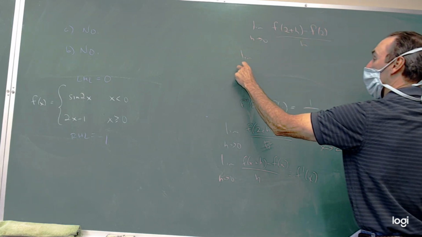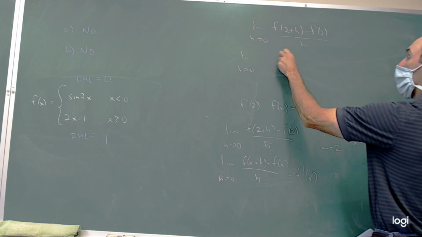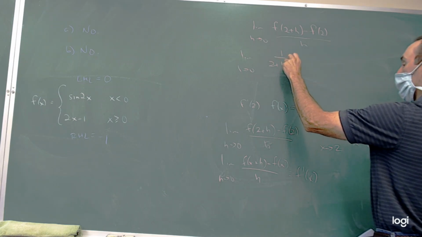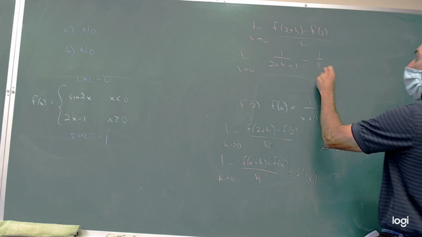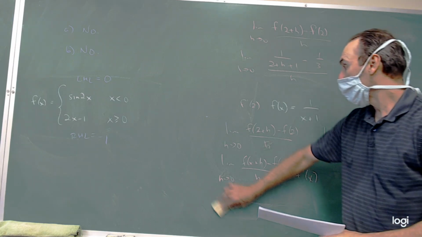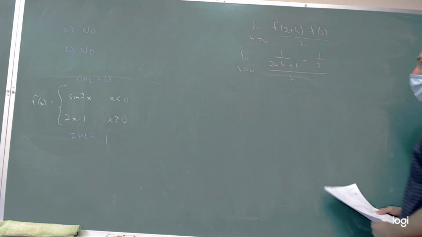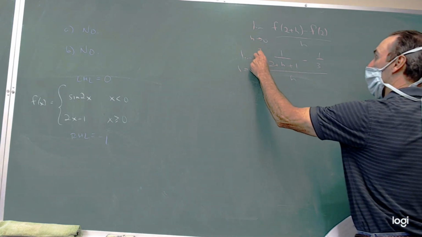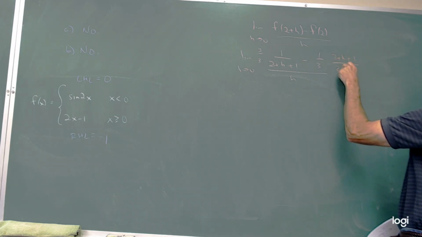So we're going to get the limit as h goes to 0. So f of 2 plus h is going to be 1 over 2 plus h plus 1, minus, if we plug in 2, we're going to get 1/3, all over h. And so we need to get a common denominator. So we're going to multiply top and bottom here by 3, top and bottom here by 2 plus h plus 1.